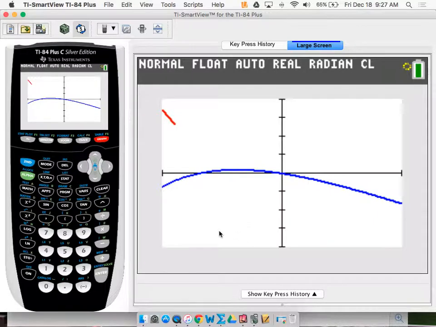Alright, now it is going to take some time because it's doing a lot of crunching right now.